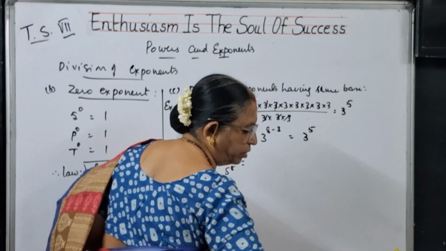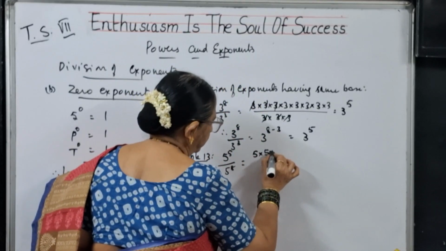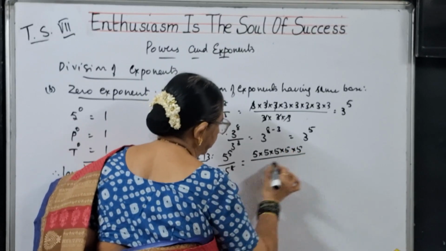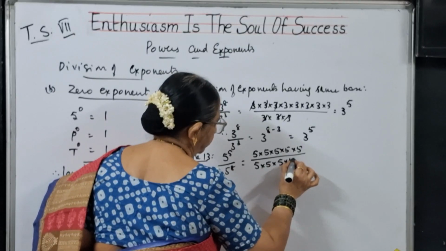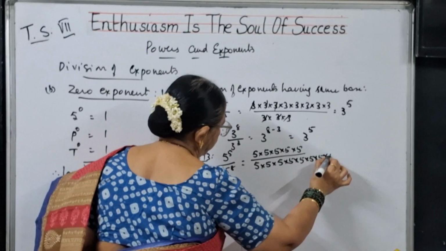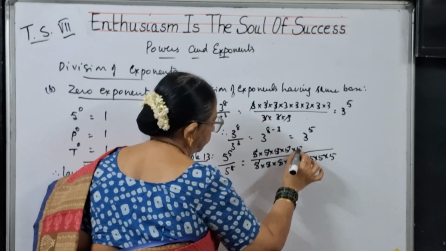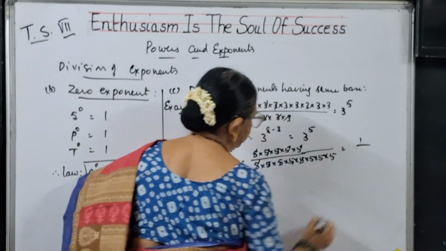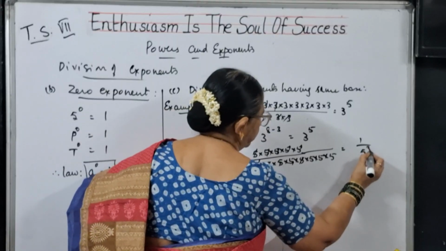So how are you going to get this? 5 into 5 into 5 into 5 into 5 by 1, 2, 3, 4, 5, 6, 7, 8. So 1, 2, 3, 4, 5 are getting cancelled. So five 5s are getting cancelled. So we are getting 1 by 5 cube.